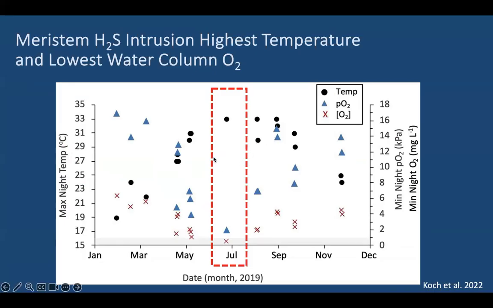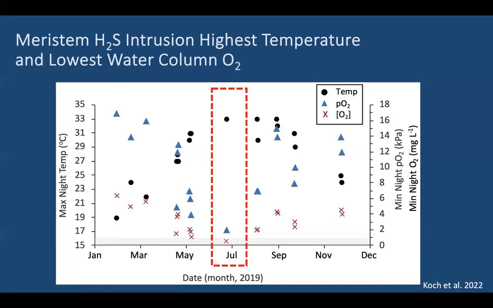This occurred during our July deployment. I can just show you this when the water column had the highest temperature, and it gets pretty warm in Florida Bay. This is 33 degrees C. I know there's some work out there, a new paper that came out, that shows that if you have high CO2 with ocean acidification, temperature might not be an effect.